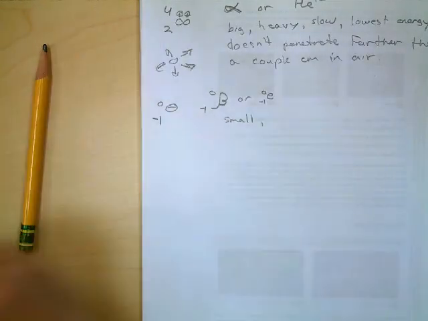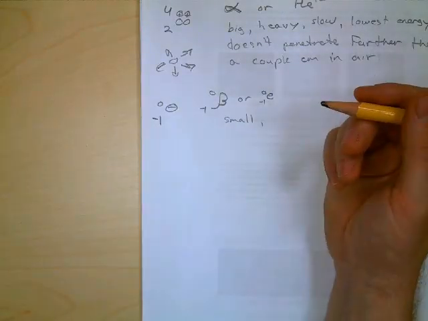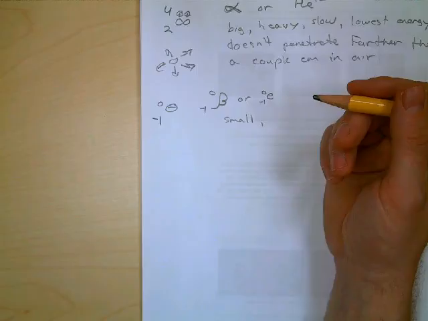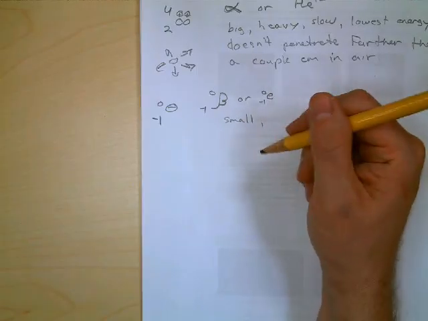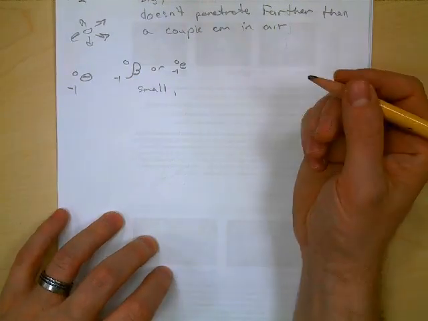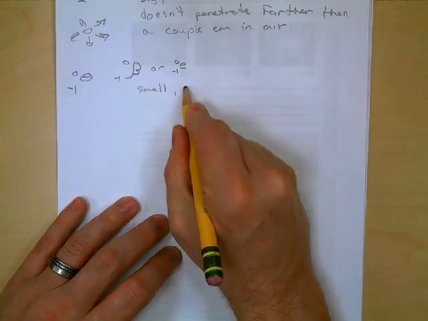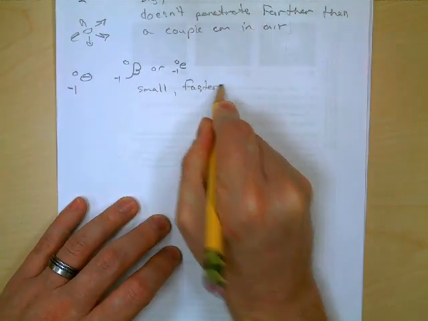And just like alpha particles, if you were to swallow a beta emitter, it could do an awful lot of damage to your insides. But from the outside, if you were to wear your tinfoil hat, because you also are a conspiracy theorist, you would also be blocking beta radiation. So small, faster, and higher energy.